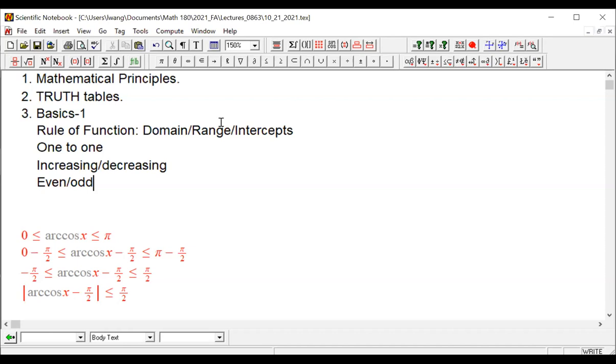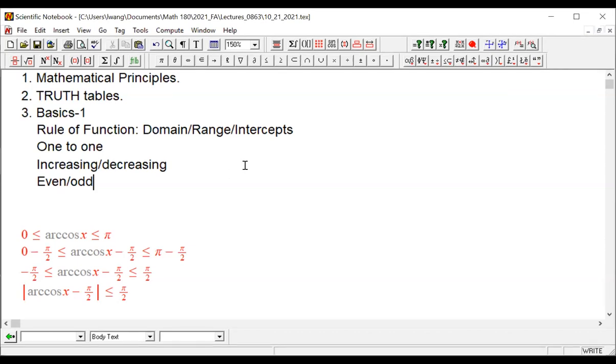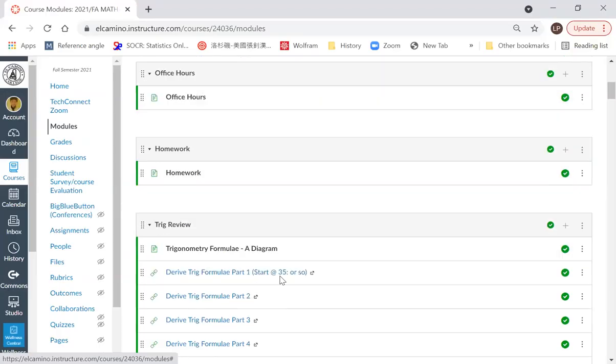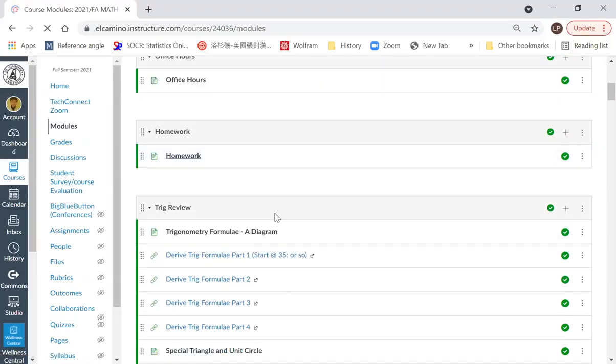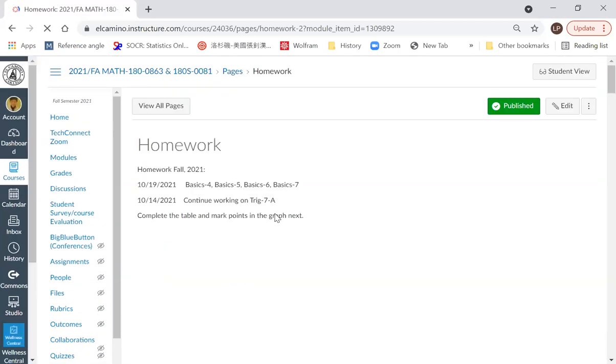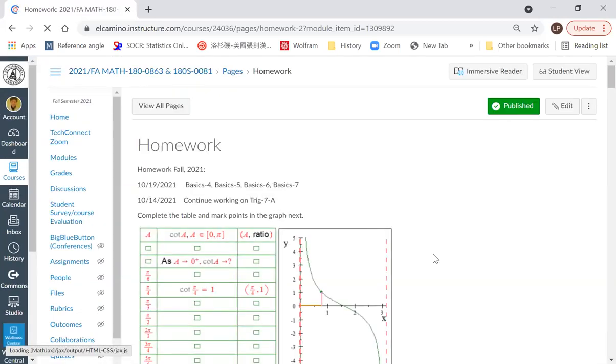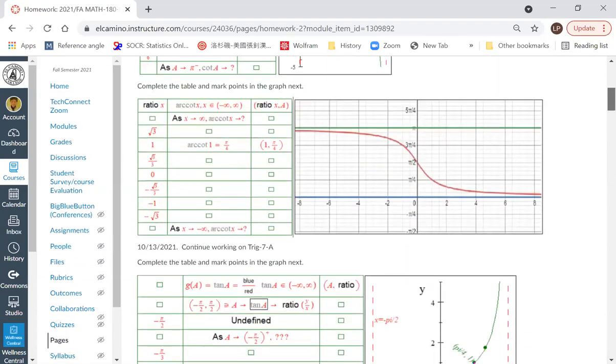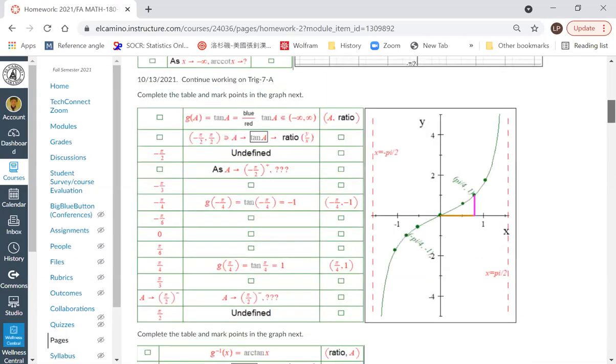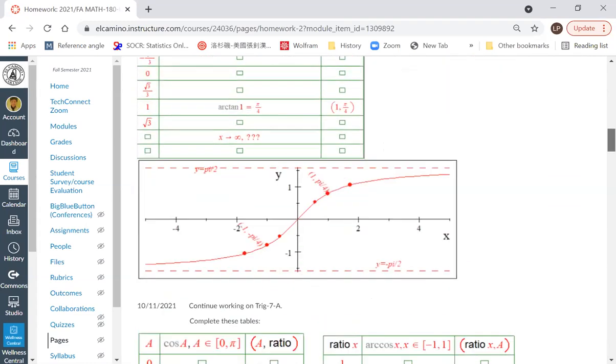I have given you homeworks. The homework is updated every week and sometimes daily. Let's look at the homework piece. I don't know how many of you do homework. Here is the homework on cotangent and tangent.